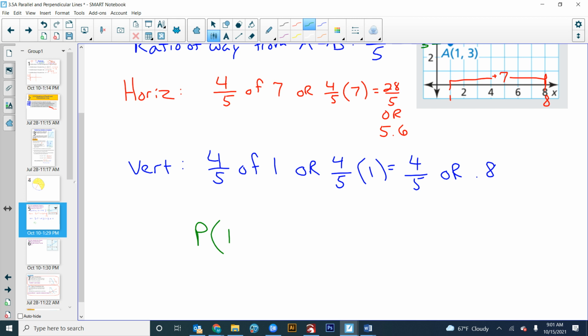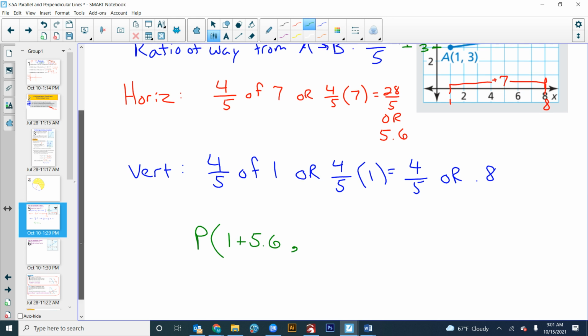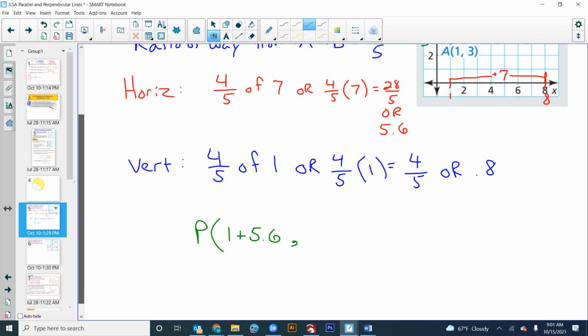Add, right? These are all positive so far. And then for P's y value, we take A's y value, since we're going from A to B, and we add the vertical change. What was the vertical change? 0.8. So point P is 6.6, 3.8.